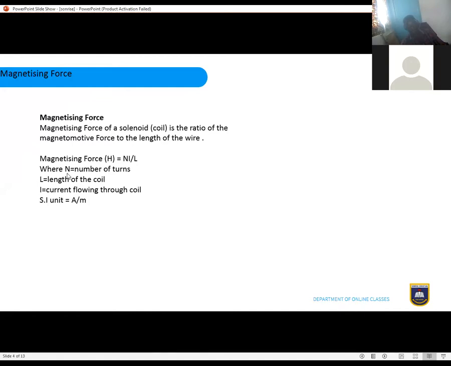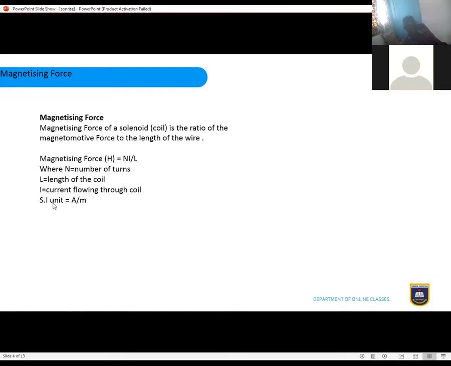Where N is the number of turns, L represents the length of the coil, and I represents the current flowing through the coil.